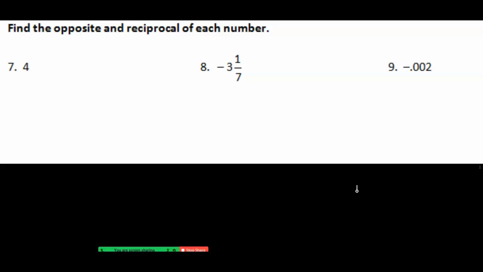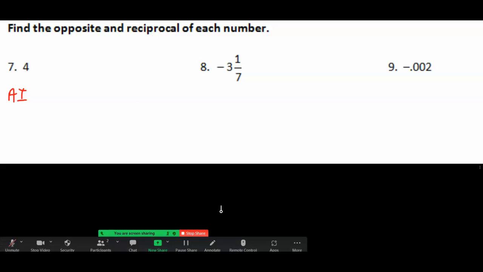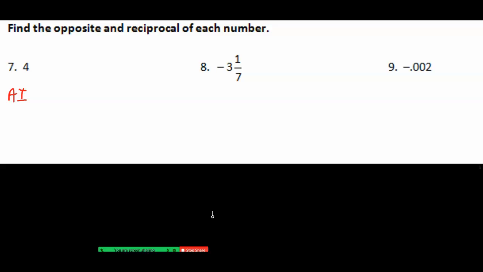So the opposite or additive inverse, so we'll say that AI of 4 is negative 4.